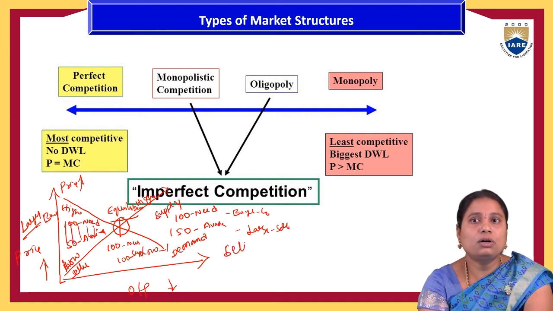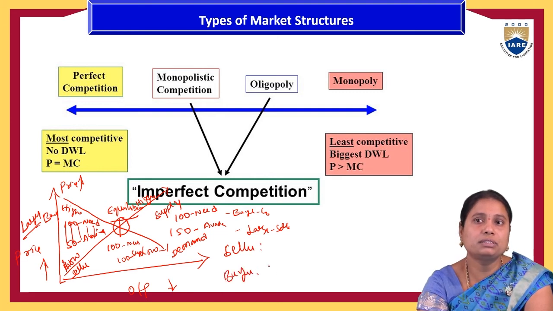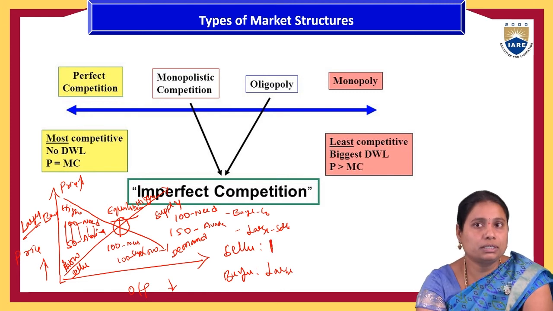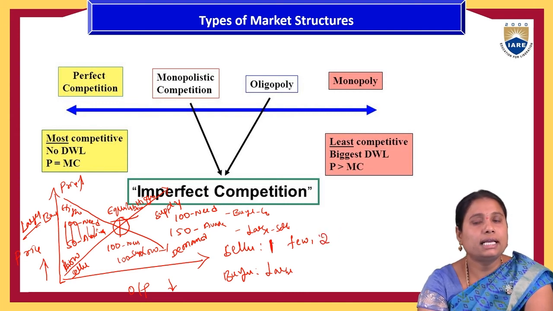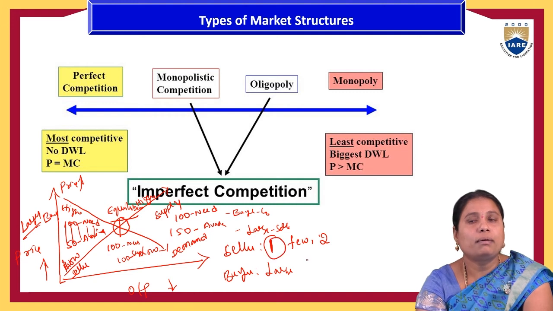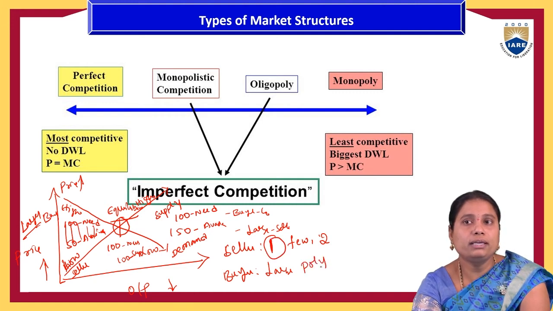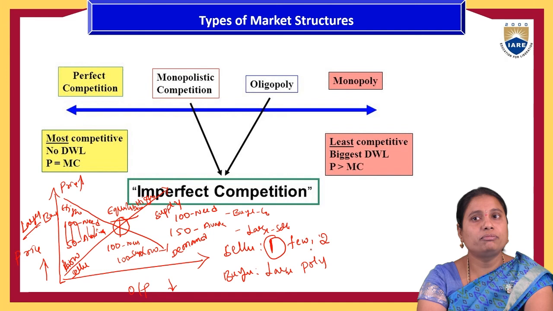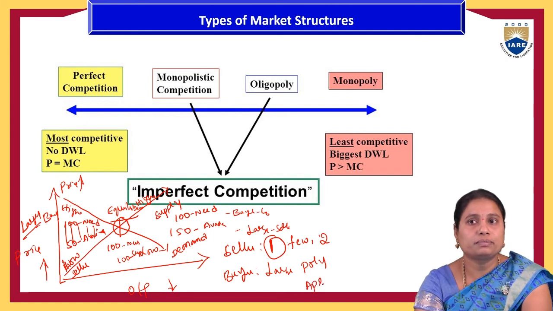the sellers are few, but the buyers' need is high, which means buyers are larger in number. If the seller is one person or a few persons, then sellers will be called poly and buyers will be called opsony.